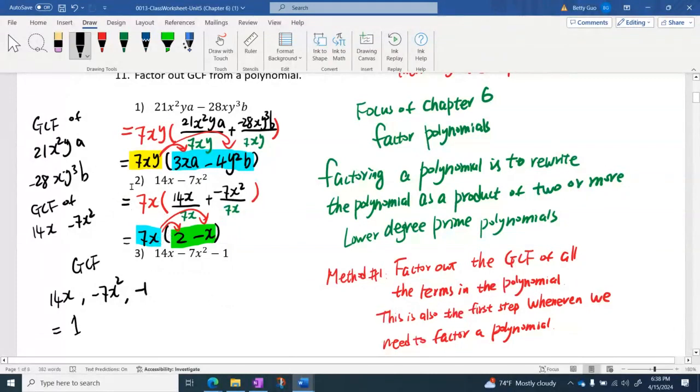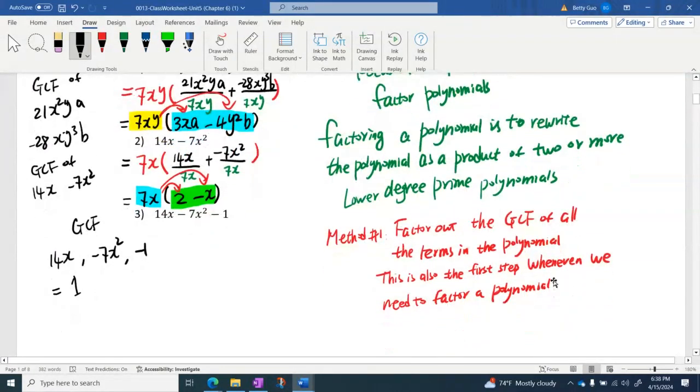Look at the difference between question number 2 and question number 3. The first 2 terms are the same. I add one more term, like a negative 1, and that makes a huge difference. Let's read the rule. Here it says the first step whenever we need to factor a polynomial is to identify the GCF of all the terms in the polynomial.